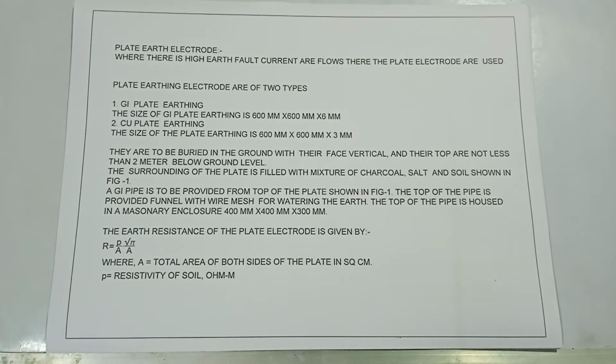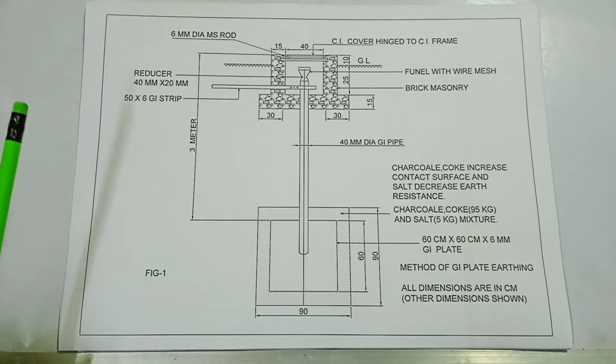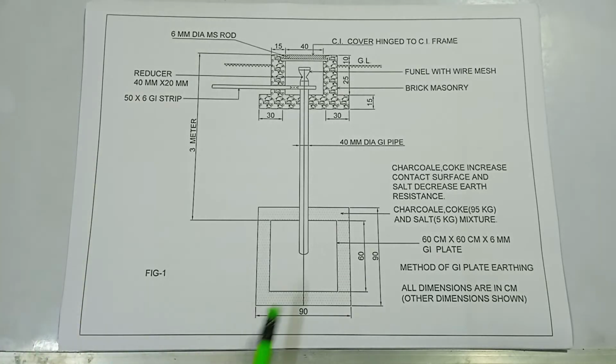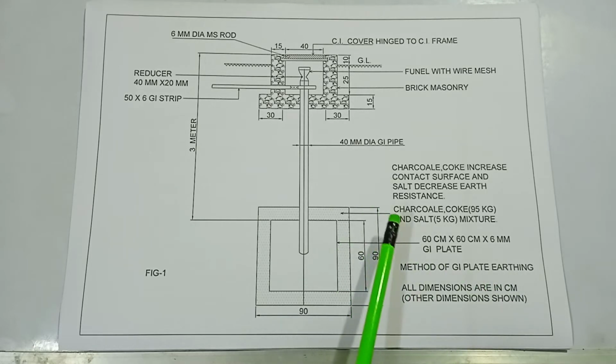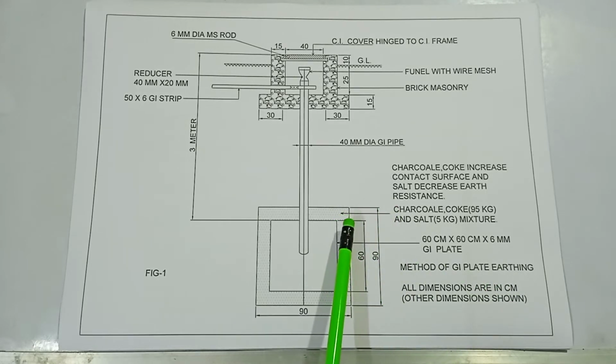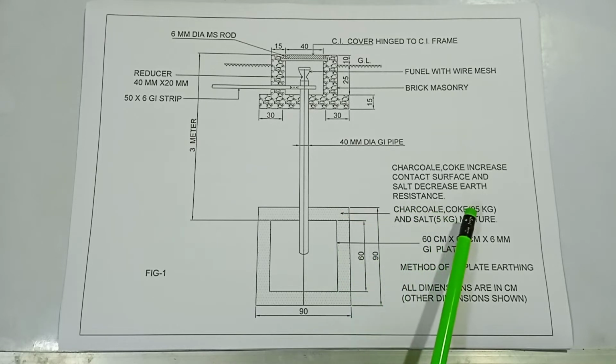Here is a picture of plate electrode. Here is the plate, 600 mm by 600 mm, and the method of GI plate earthing. Here is the charcoal and coke with salt. Charcoal is 95 kg and salt is 5 kg.